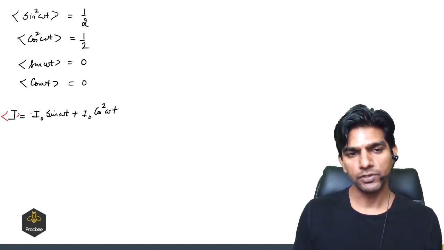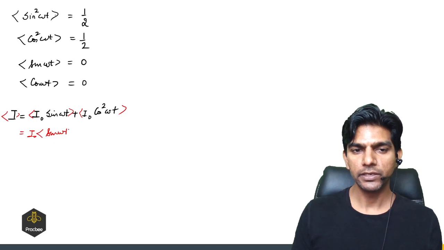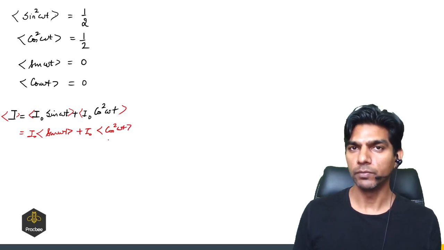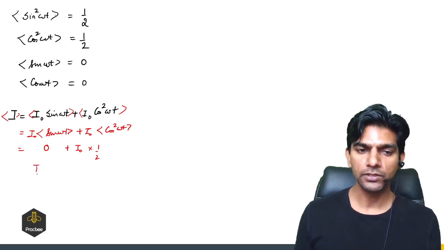The average value of I will be the average value of the first term plus the average value of the second term. I naught will come out. What is the average value of sine omega t over a complete cycle? That will be 0. And the average value of the cos square function will be 1 by 2. So this will be 0, and this will be I naught times 1 by 2. So for this particular function, the average value will be I naught by 2.